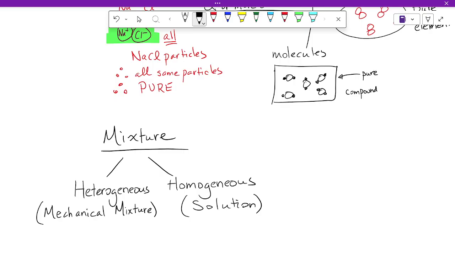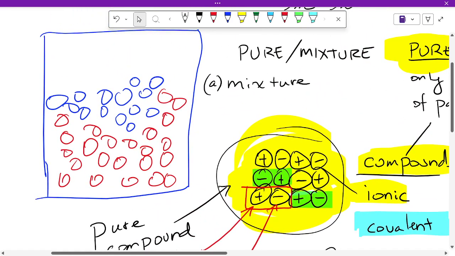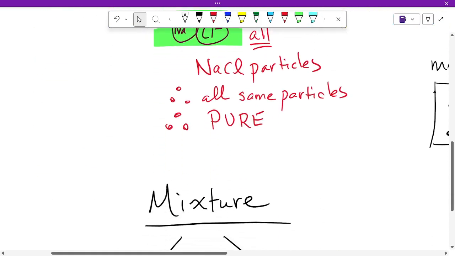Okay. Which one do we have here? This one up here. What is this? Homogeneous or heterogeneous? That is heterogeneous because it has clumps, groups.